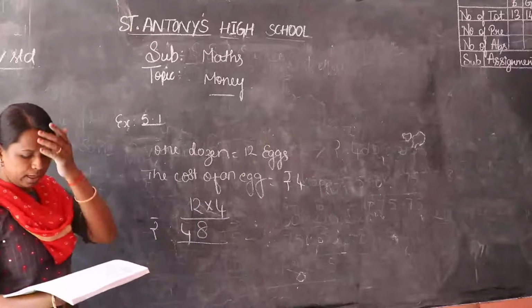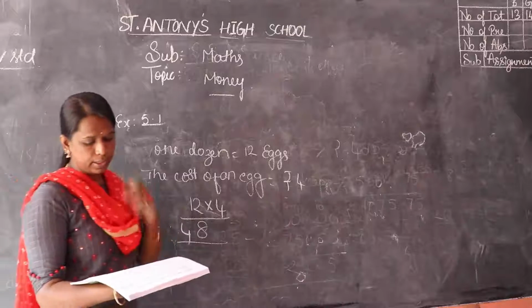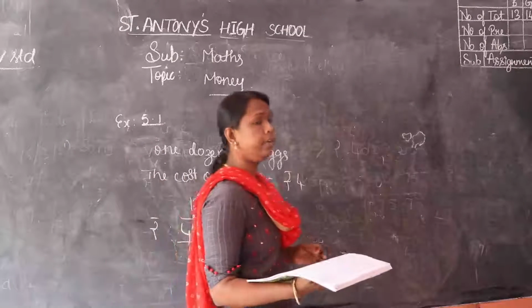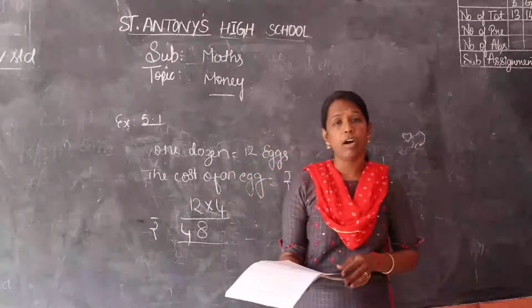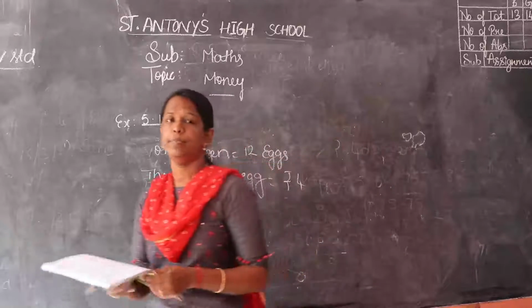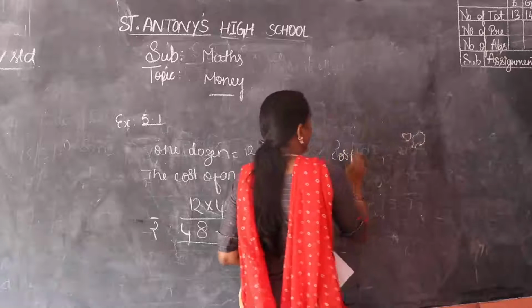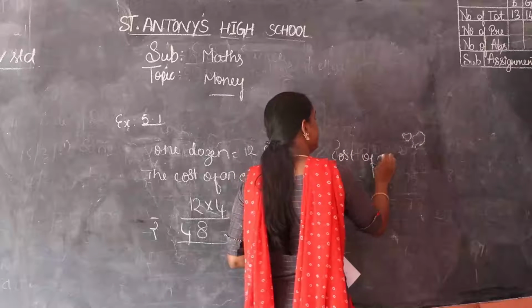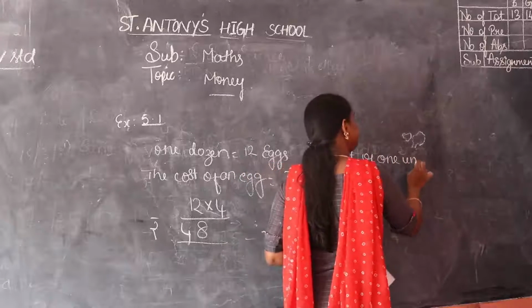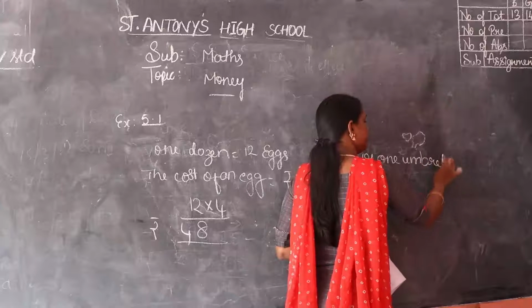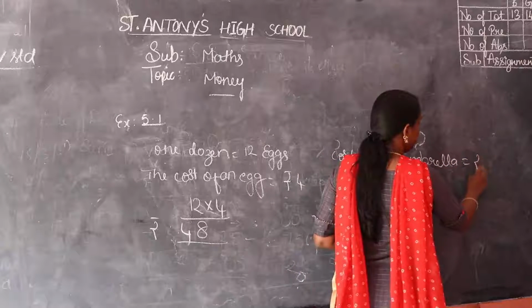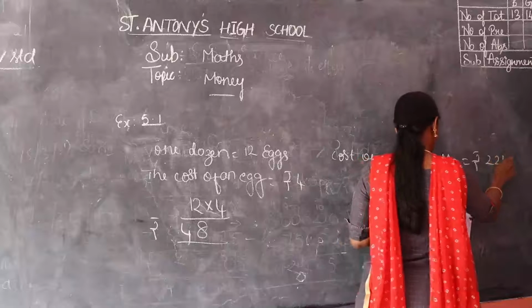And then the next one, the cost of an umbrella is rupees 225. What is the cost of 15 umbrellas? Cost of 1 umbrella is equal to rupees 225.